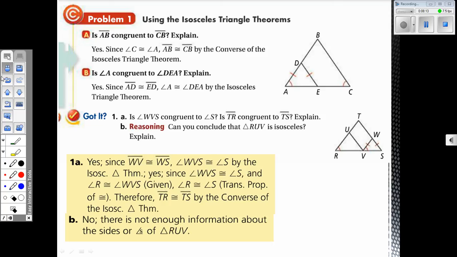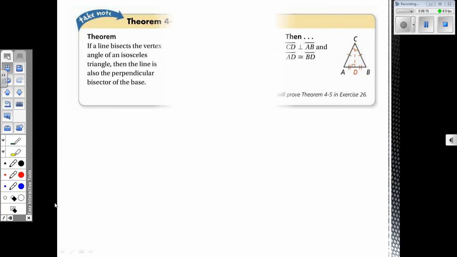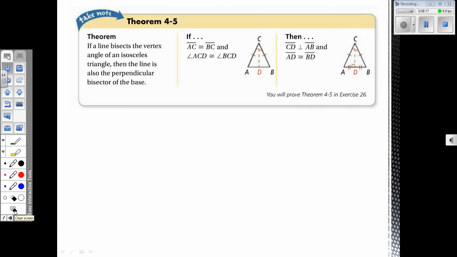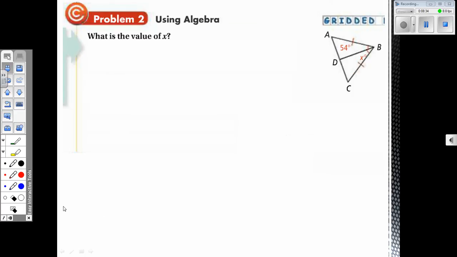Okay? Alright, so the next theorem is if I bisect the vertex angle, it is the perpendicular bisector of the base. If I cut the vertex angle in half, this will always be a right angle and it'll cut the base in two pieces. Okay? Here's how you use that.